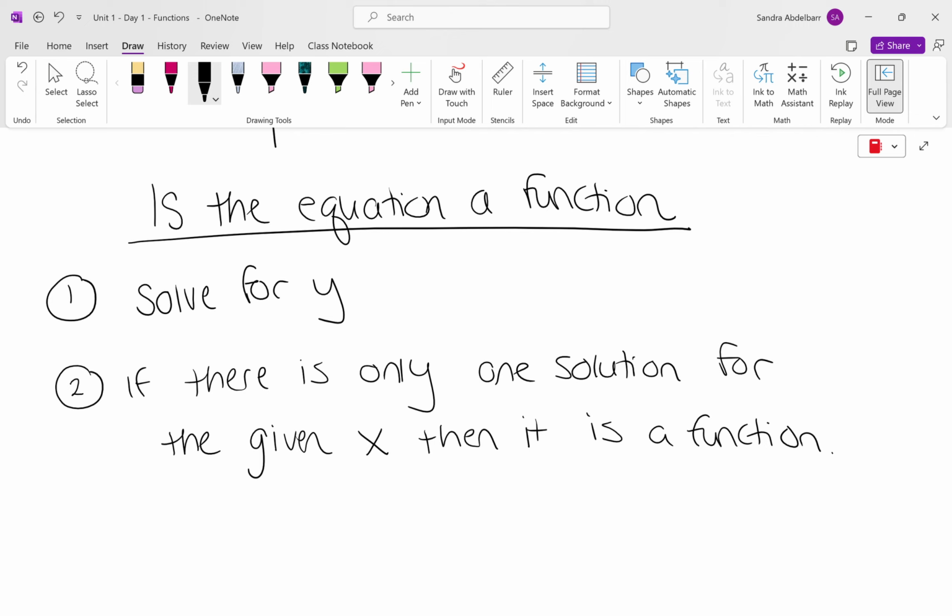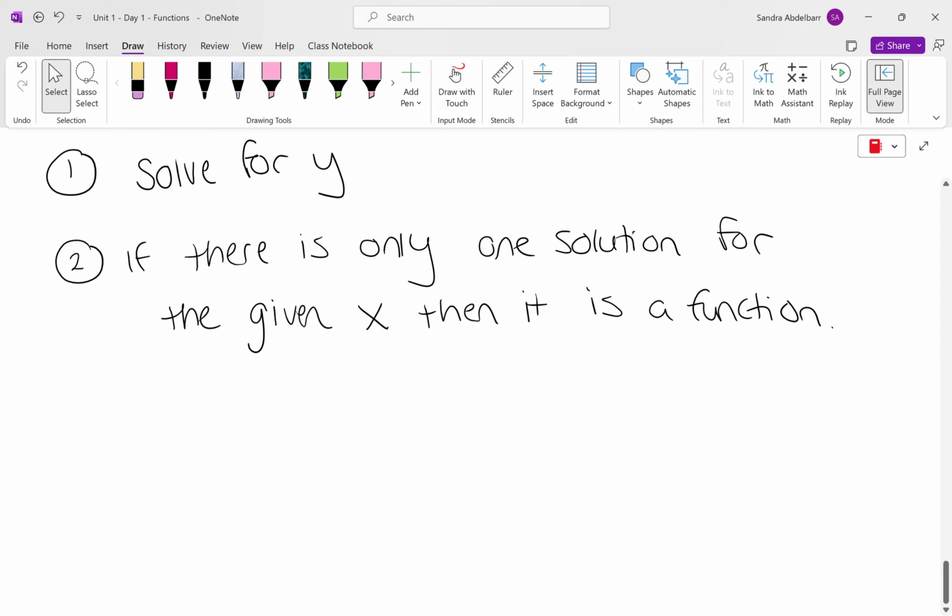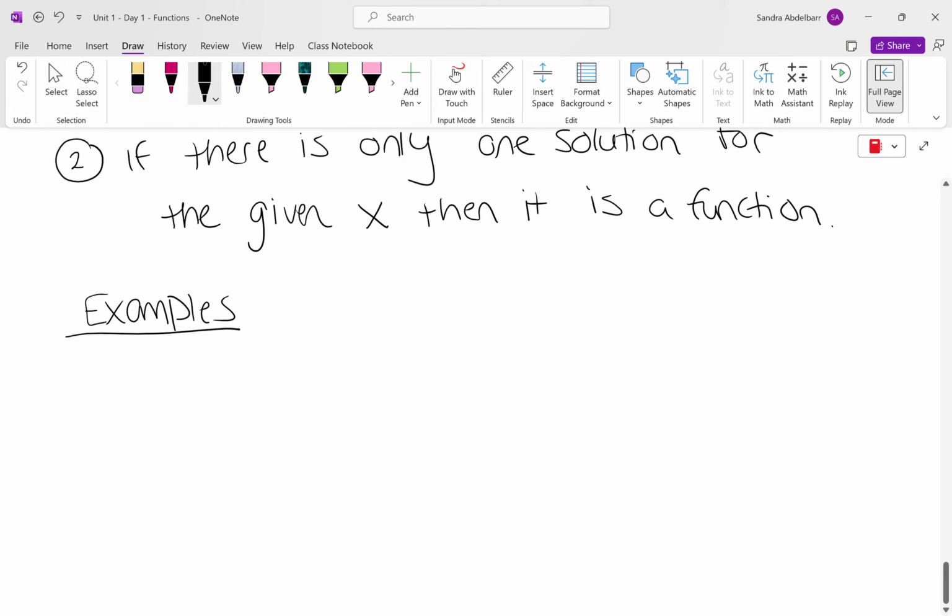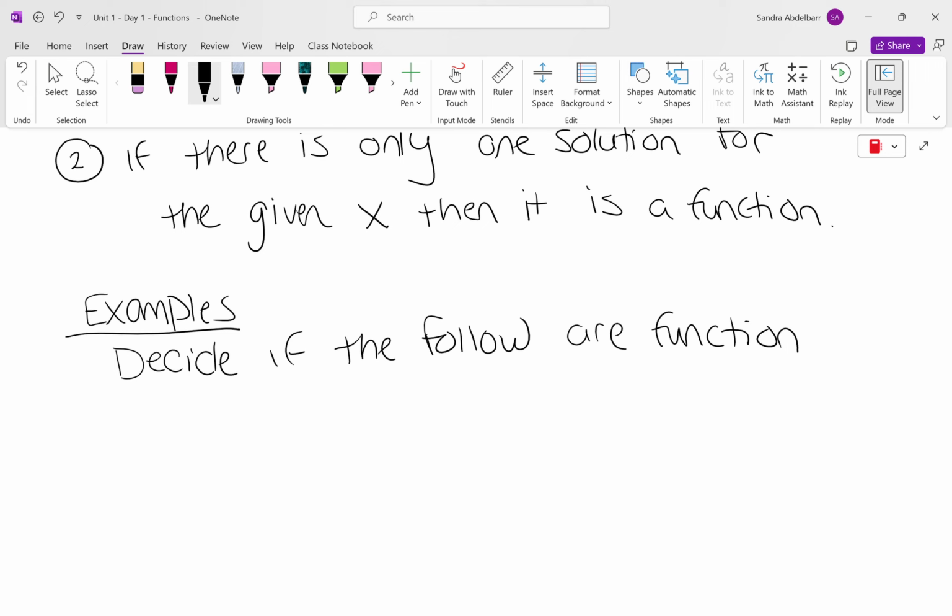And you'll see what I mean once we do a problem. So we're going to decide if the following are functions.